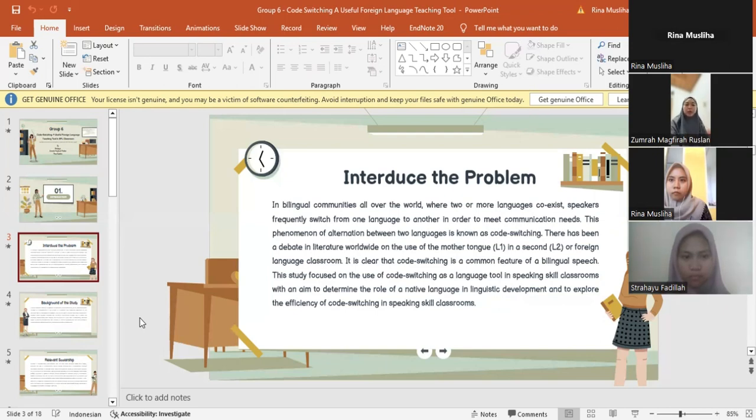However, it was observed that the teachers, in spite of having a certain proficiency level of English, still use code switching to ensure effective and sufficient learning of the students. In addition, this research also aimed to explore the efficiency of code switching in the speaking skill classroom. Next slide.